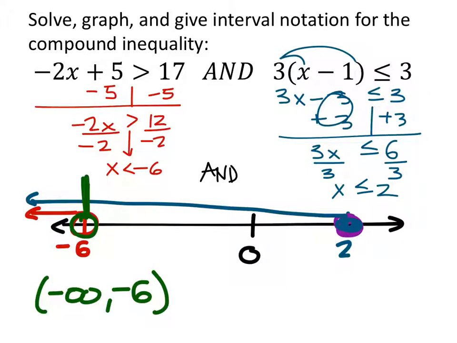Which means anything to the left of -6 would not only make this inequality true, but it would also make this one true. If we look at the values between these two, such as 0, 0 would make the red one false, while it would make the blue one true. But again, we need one and the other to be true.